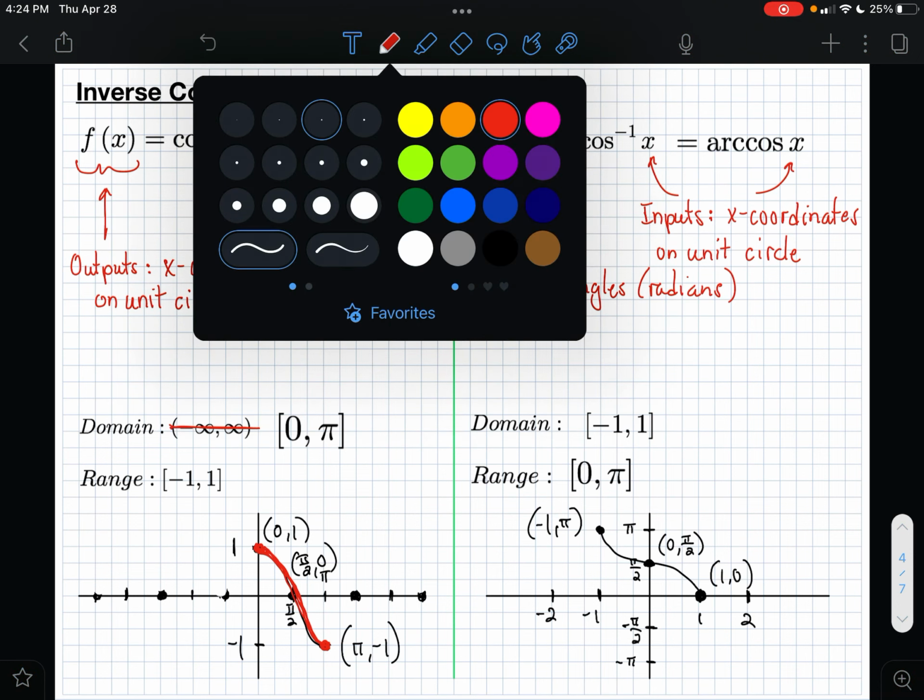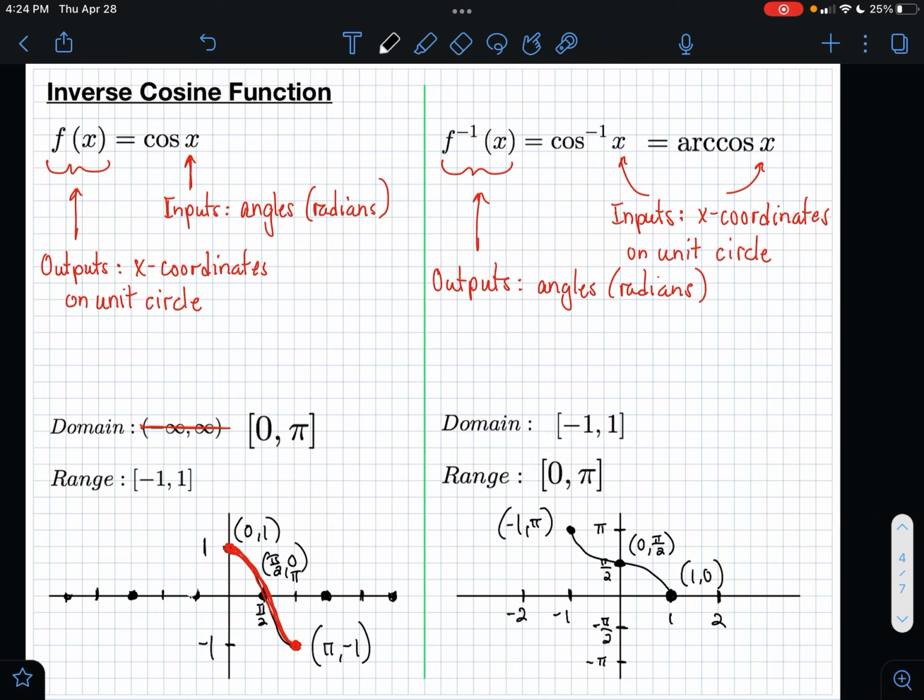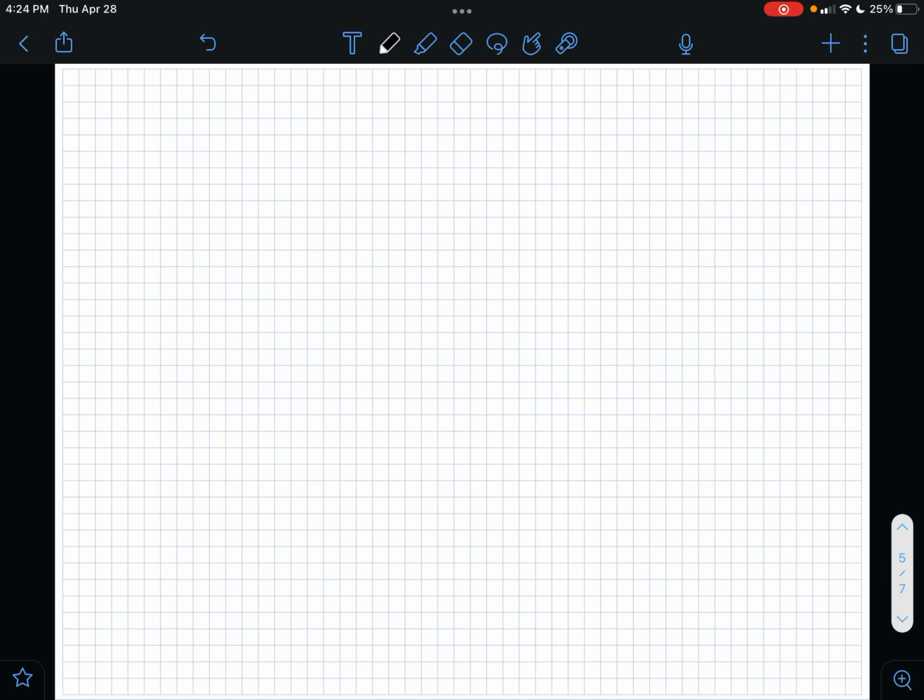So, much like with the inverse sine, if we are asked a question such as, what is the inverse cosine of negative root 2 over 2, or the alternative, which I prefer, the arc cosine of negative root 2 over 2.